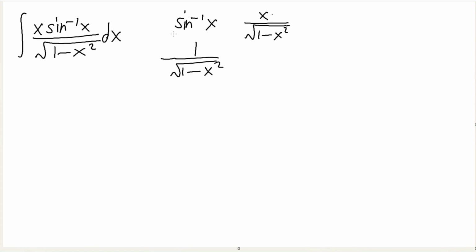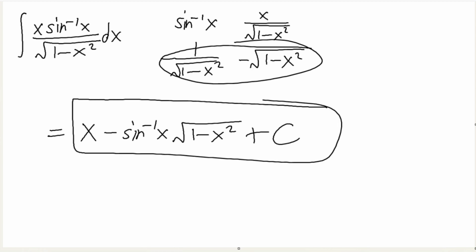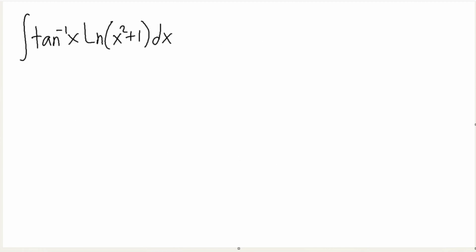Here, this is actually a u substitution, and this gets you negative square root of 1 minus x squared. Look, this integral here just becomes 1. So now this whole integral just equals x minus inverse sine of x square root of 1 minus x squared plus c. And that's it. Oh god.